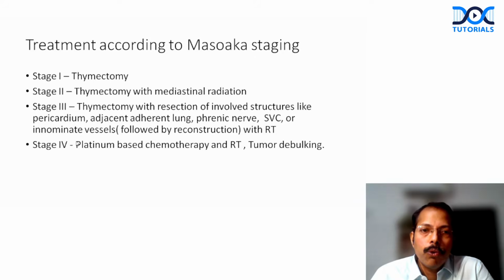And stage 4, surgically, we can do tumor debulking after chemo RT. So these are all the approaches for thymectomy according to the Masaoka staging. And I hope it will be very helpful for the exam goers too.